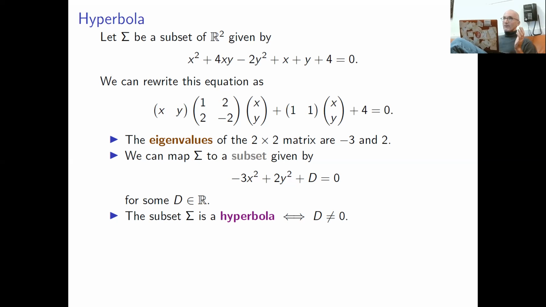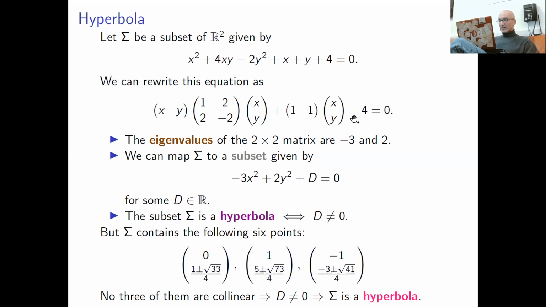So if you grab 5 general points, put y to be something, find x, do it a couple of times, and if you can find 5 points such that no 3 of them are on one line, which is not so complicated to check, then this is definitely a hyperbola.